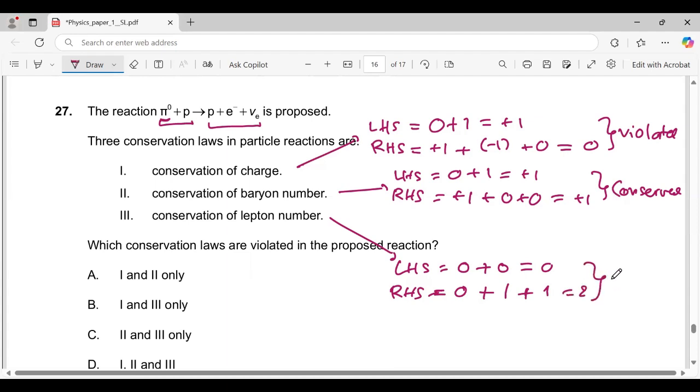So it is violated. So violated are one and three, not one and two. This one.